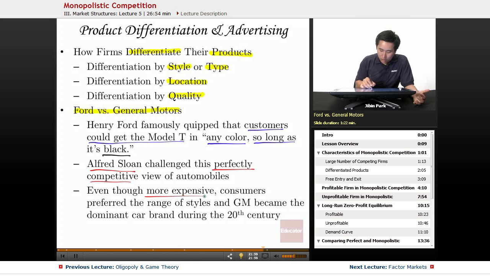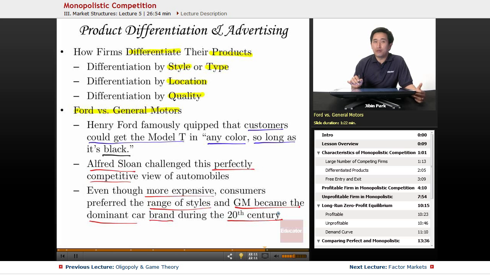Even though more expensive, consumers preferred the range of styles, and GM, not Ford, became the dominant car brand during the 20th century. So basically, what Henry Ford thought might be better suited as being perfectly competitive actually was monopolistically competitive. And so if he had the foresight, he might have expanded the Model T line to something more than black a little bit earlier on.